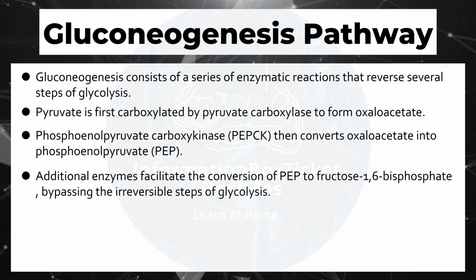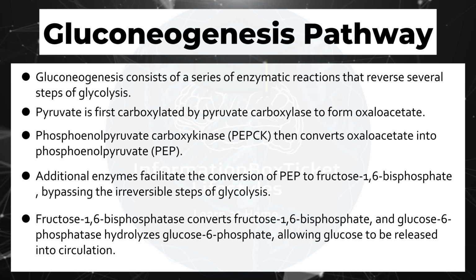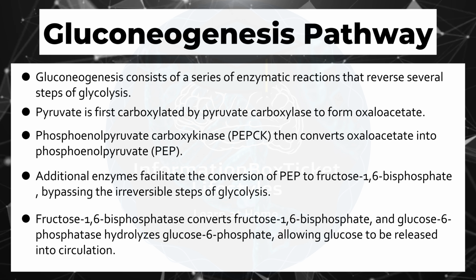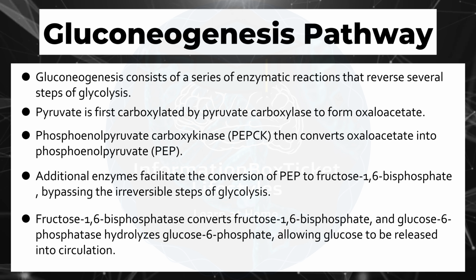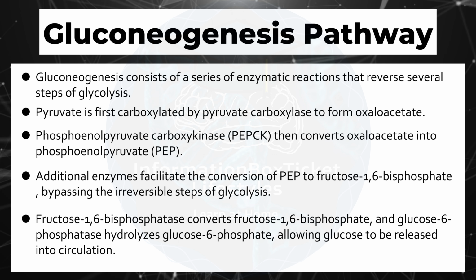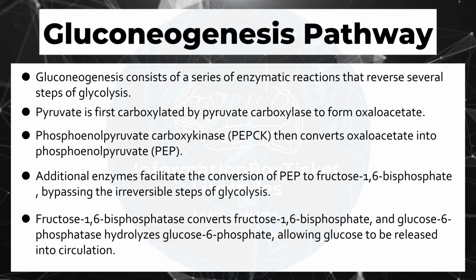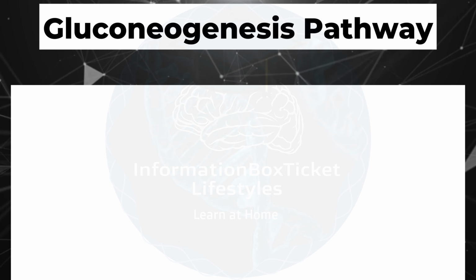Additional enzymes facilitate the conversion of phosphoenolpyruvate to fructose 1,6-bisphosphate, bypassing the irreversible steps of glycolysis. Fructose 1,6-bisphosphatase converts fructose 1,6-bisphosphate to fructose 6-phosphate, and glucose 6-phosphatase hydrolyzes glucose 6-phosphate, allowing glucose to be released into circulation.